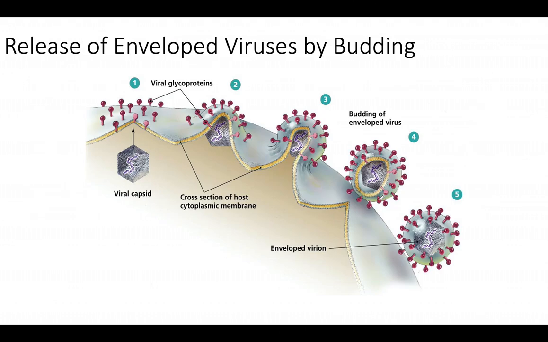So when we look at budding, which is what this slide is, it's going to explain two things. Budding is going to answer the question of release. So this is explaining how a newly assembled virus can leave the cell, that fifth step. But it also explains how an envelope is obtained.